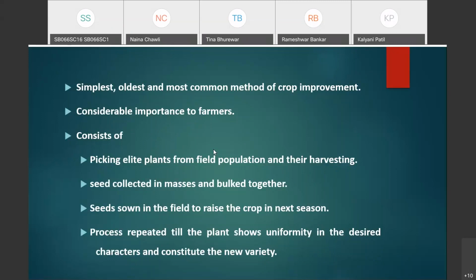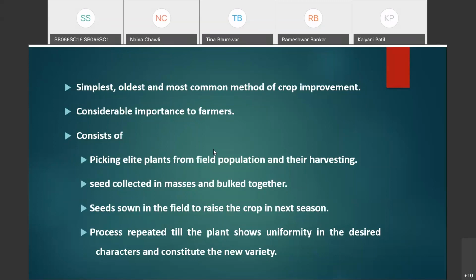Okay, this method has considerable importance to the farmers who wish to improve their crop but do not have any knowledge regarding the inheritance of characters, that is, how the characters are inherited from one generation to another generation.